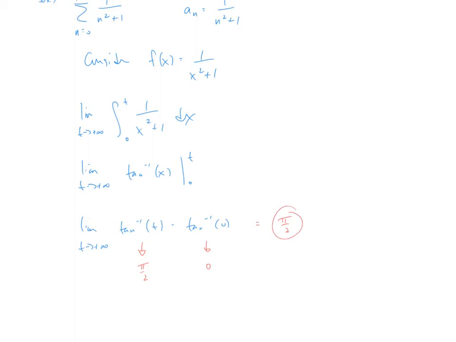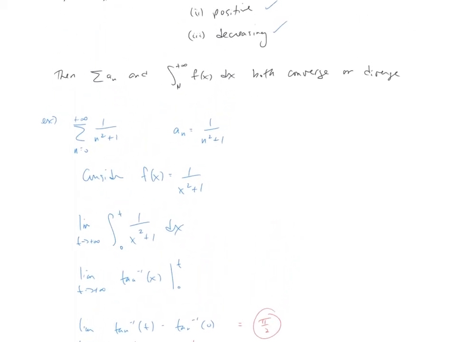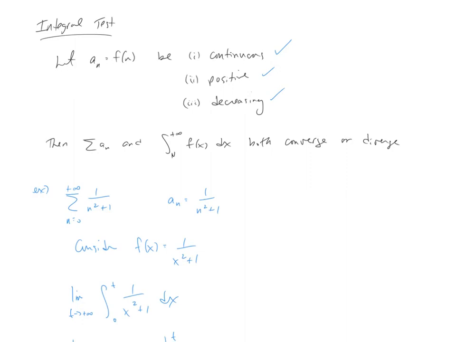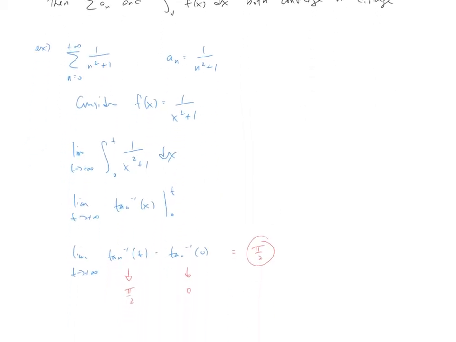Now, remember what the theorem said. Let me scroll back up here. The theorem said that assuming the initial conditions were met, and they were continuous, positive, and decreasing, then the series and the integral either both converge or both diverge. Well, with us coming up with pi over 2, the integral converges to pi over 2.